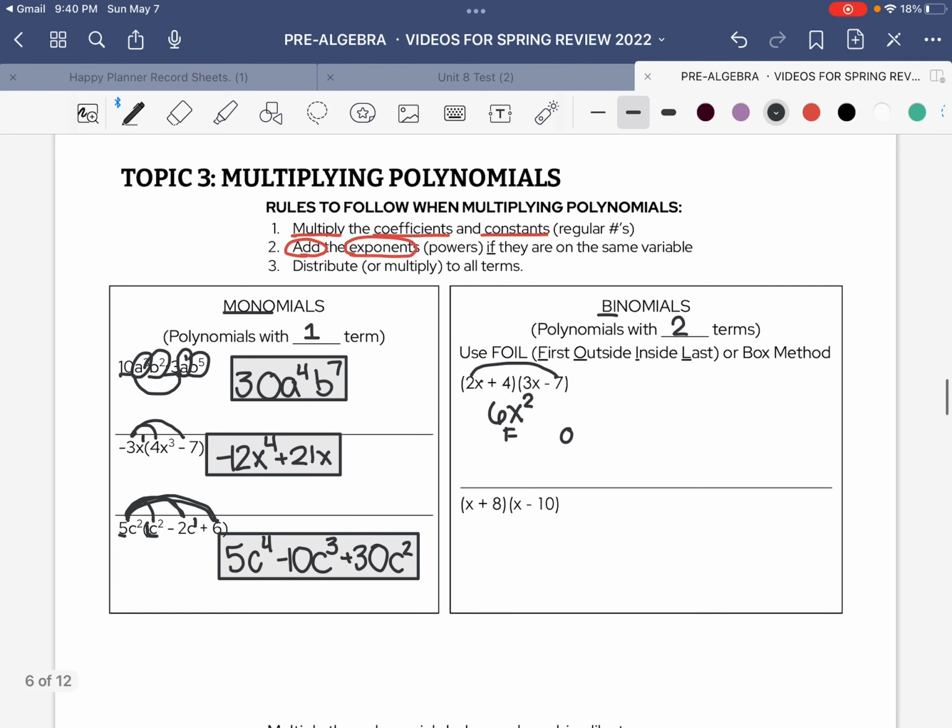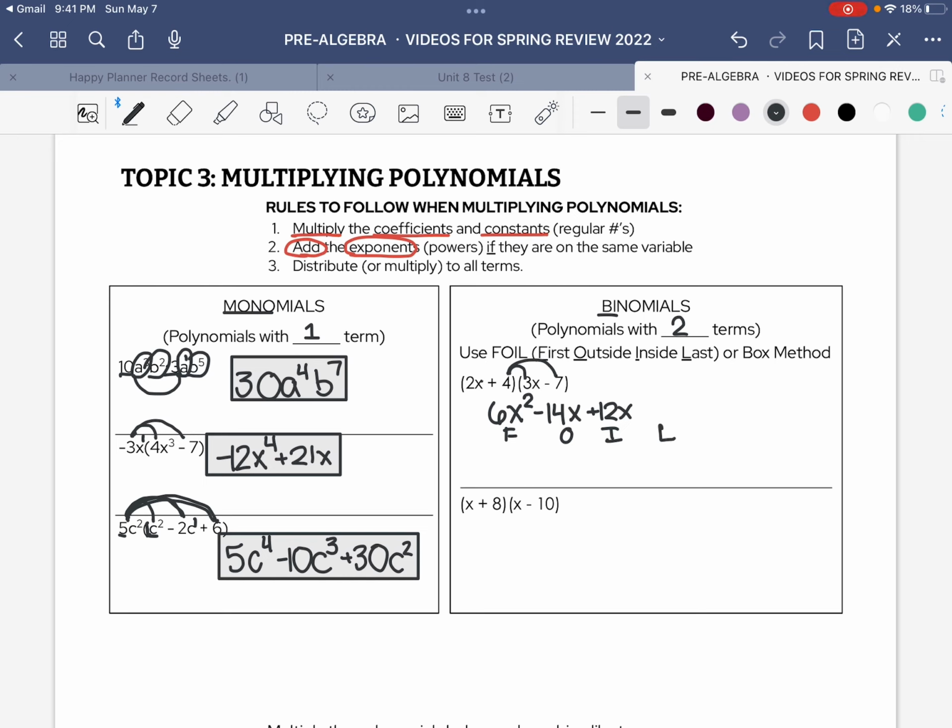Now, 2 times negative 7 is negative 14. And there's only one x in between the two of those, so it's just x. Then the I stands for inside, which stands for the 2 inside here. 3 times 4 is 12. Since that's 12, not negative 12, I'm going to put a plus. And then 4 times negative 7 is the last 2 in each parentheses.